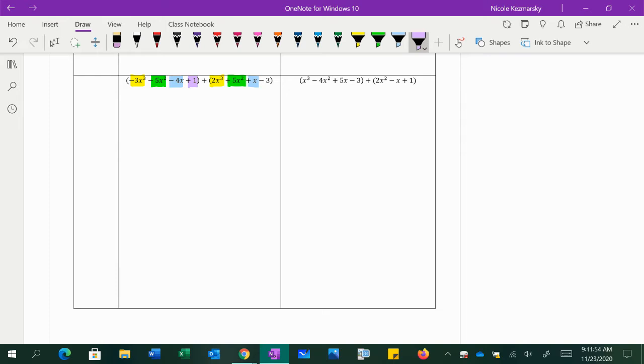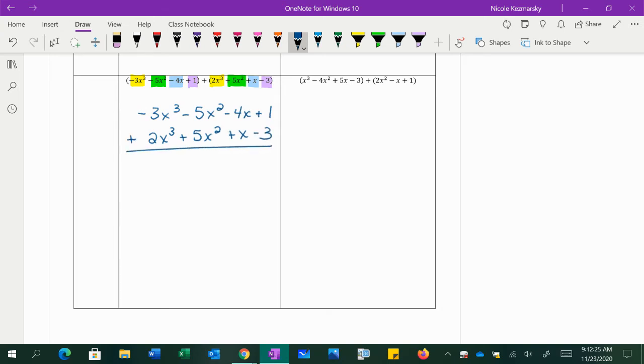And I have a constant and a constant. So let's go ahead and stack these. I'm going to take negative 3x cubed minus 5x squared minus 4x plus 1. And then 2x cubed plus 5x squared plus x minus 3.